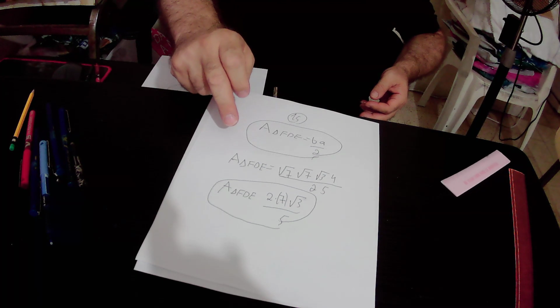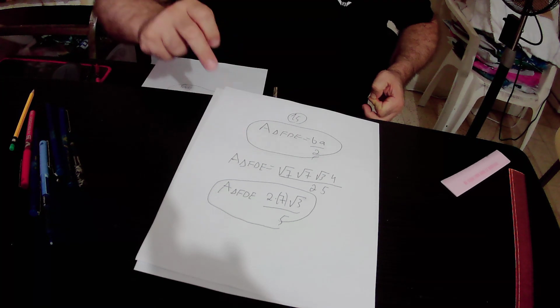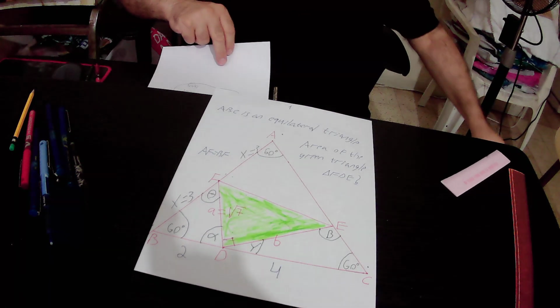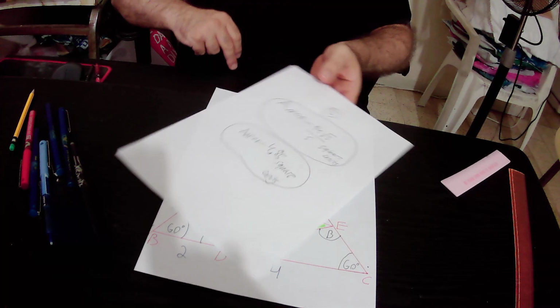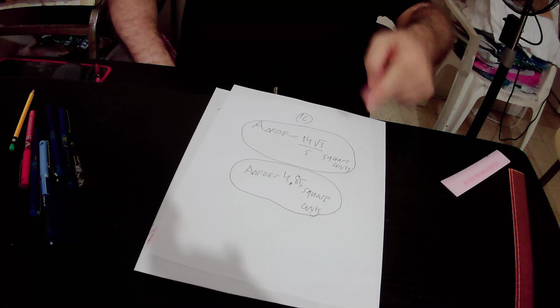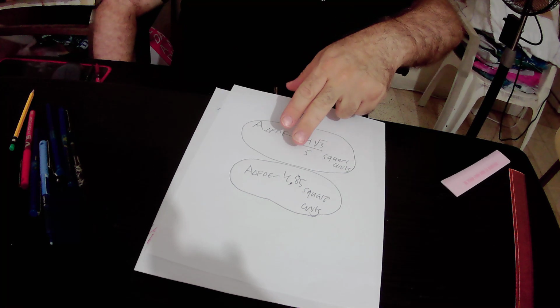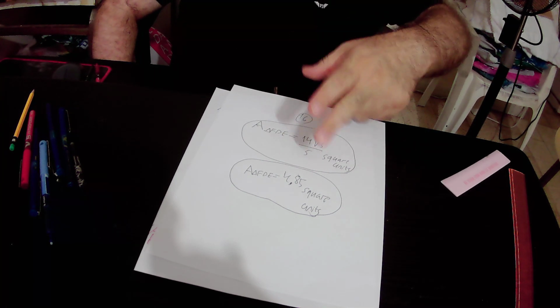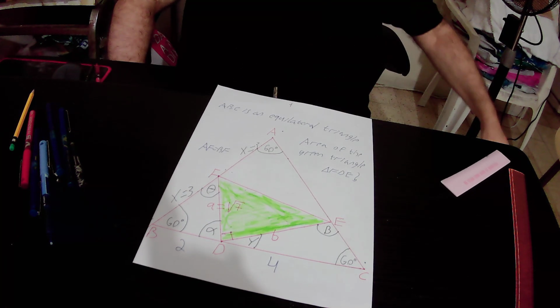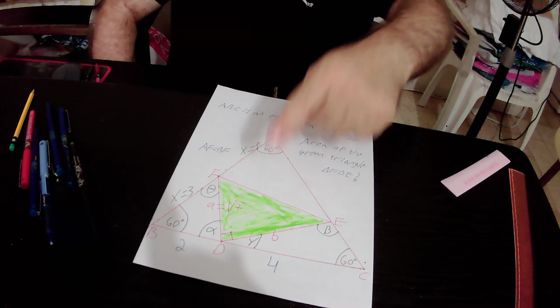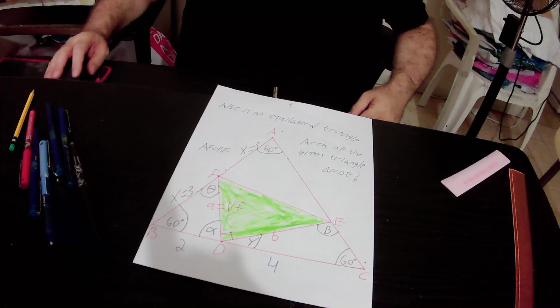So we found that the area of the green triangle is 14 times root 3 over 5 square units. In terms of numbers, the area of the green triangle equals 4.85 square units. Okay, thank you very much.